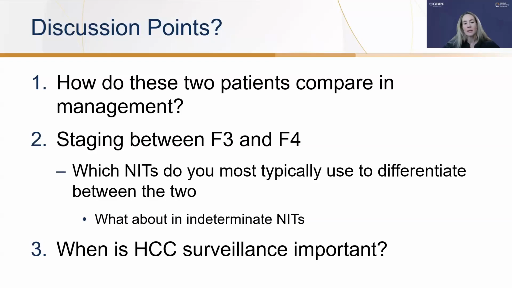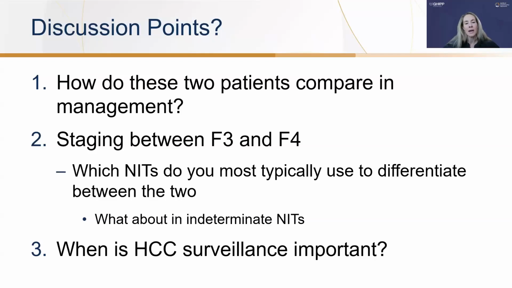In terms of distinguishing between F3 and F4, typically in my practice, we are using FibroScan first line. Like I said, I don't tend to use the ELF score as much. If my NITs were not concordant, like they were in these cases, if I had indeterminate NITs, or if the patient's clinical presentation, their labs, their imaging did not agree with their NITs, then I would strongly consider getting MR elastography or just doing a liver biopsy to make sure that I had accurate staging.